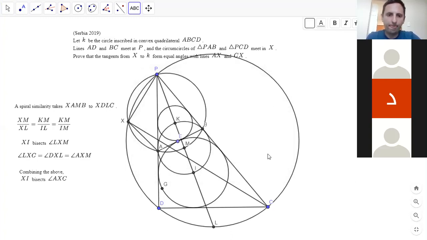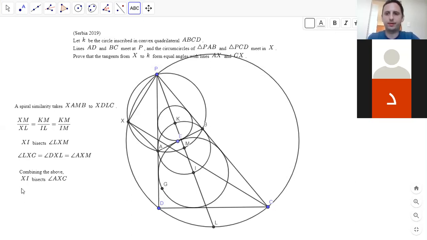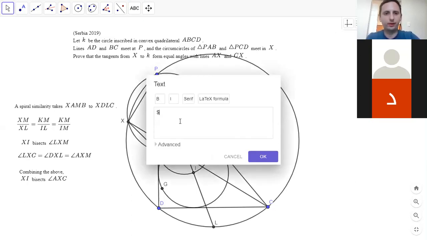And therefore XA and XC form the same angles with the tangents from X to K, and that's it. All right, so that solves it.